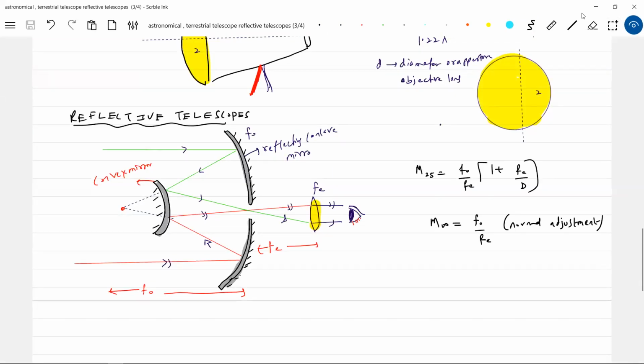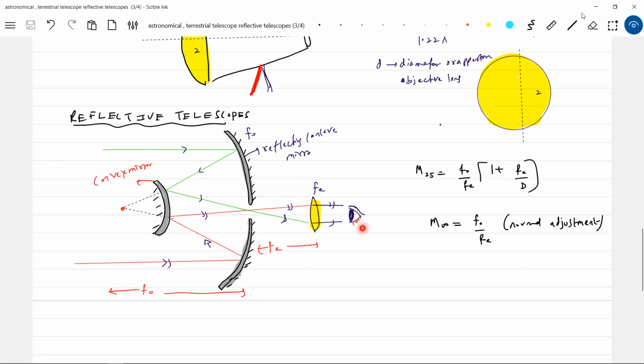They may trouble you. Whenever we see a heavenly object, the distance will be infinity. Where will this image I1 be found? It will be I1. There's a convex mirror. If the image is formed at I1, after reflection, it will form the real image somewhere I2. Then this I2 will become the object for this and will give I3.